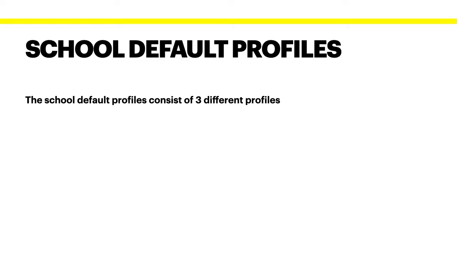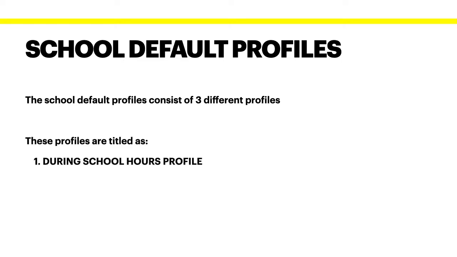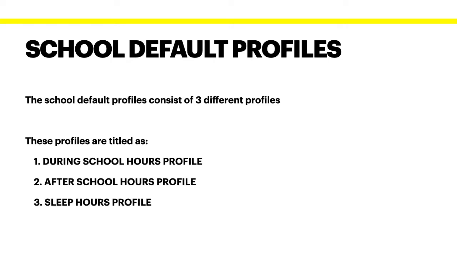Number 1, we have the during school hours profile. The second profile is known as the after school hours profile. And the last profile we have is the sleep hours profile. So I'll be going through this in detail first. What are the 3 profiles about?